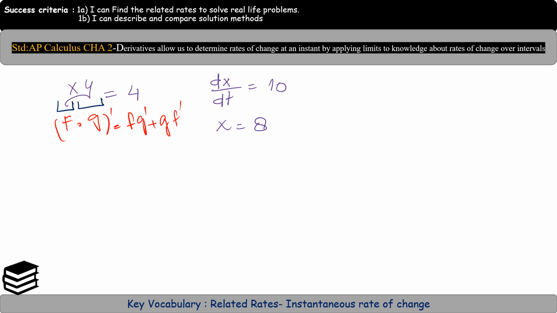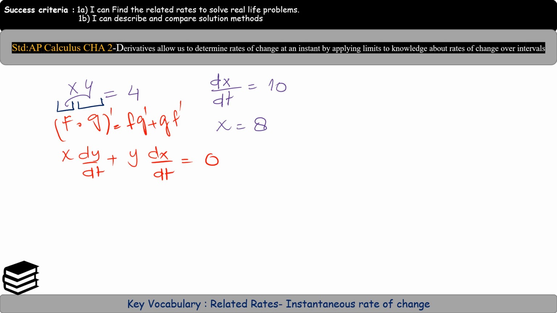So first of all, take the derivative with respect to time. F is x, and f times g prime means dy by dt, plus g is y, and f prime means dx by dt, and the derivative of 4 is 0.